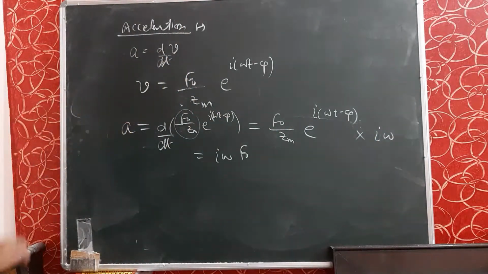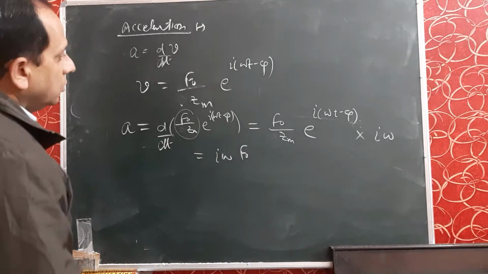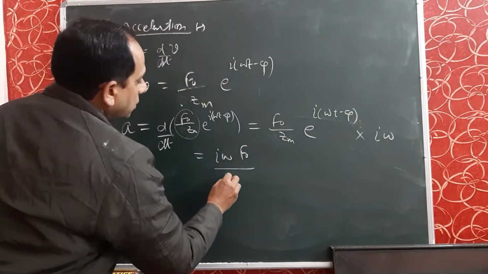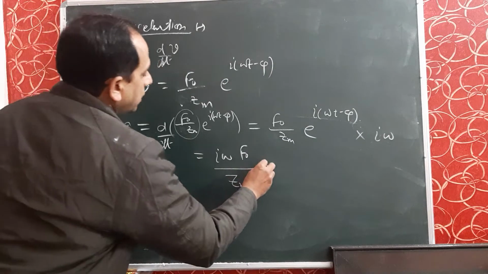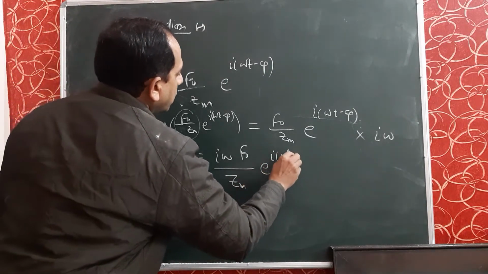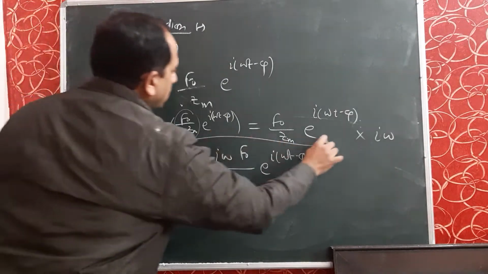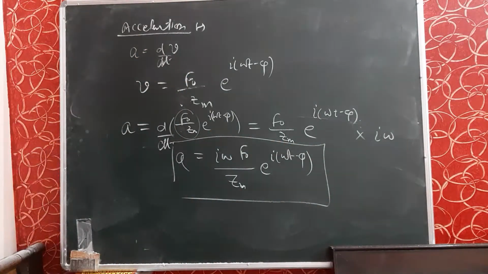So this is the final value of acceleration. We will get iota omega F0 over Zm into e power iota (omega t minus phi). So this is an expression for acceleration.